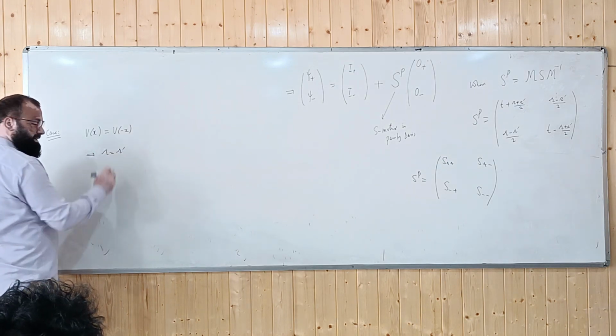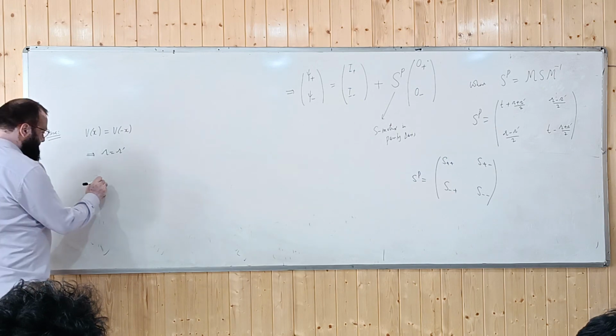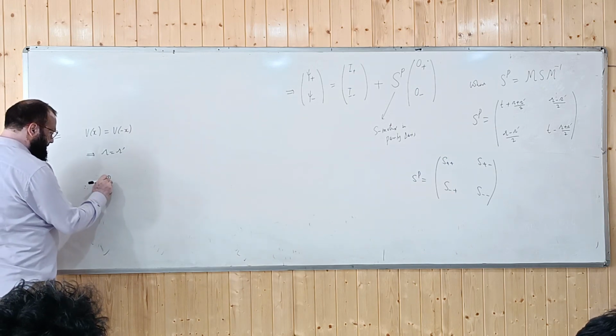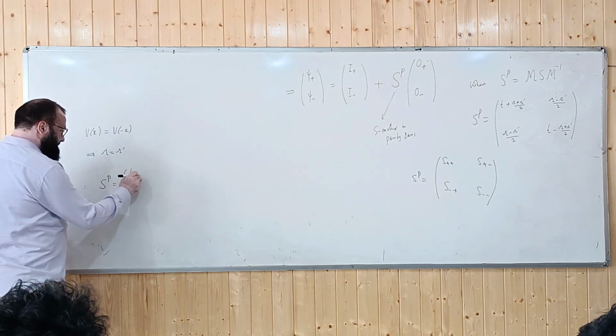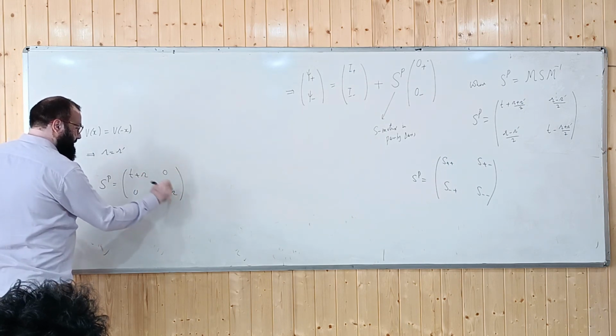R and R prime are the same. This was shown in the last lecture. Clear? So when they are the same, this S_P is simply equal to T plus R, T minus R, with zeros off the diagonal. So it is diagonal. Clear?